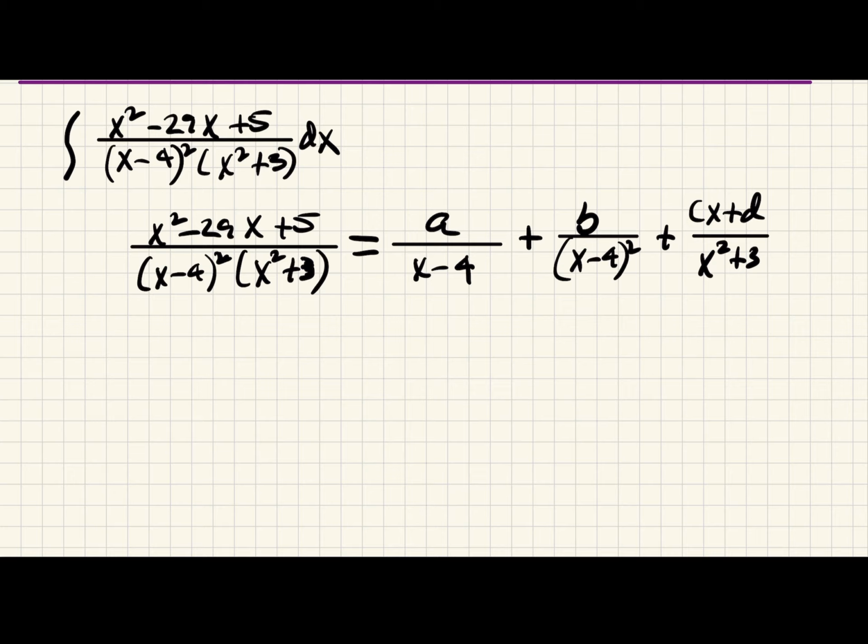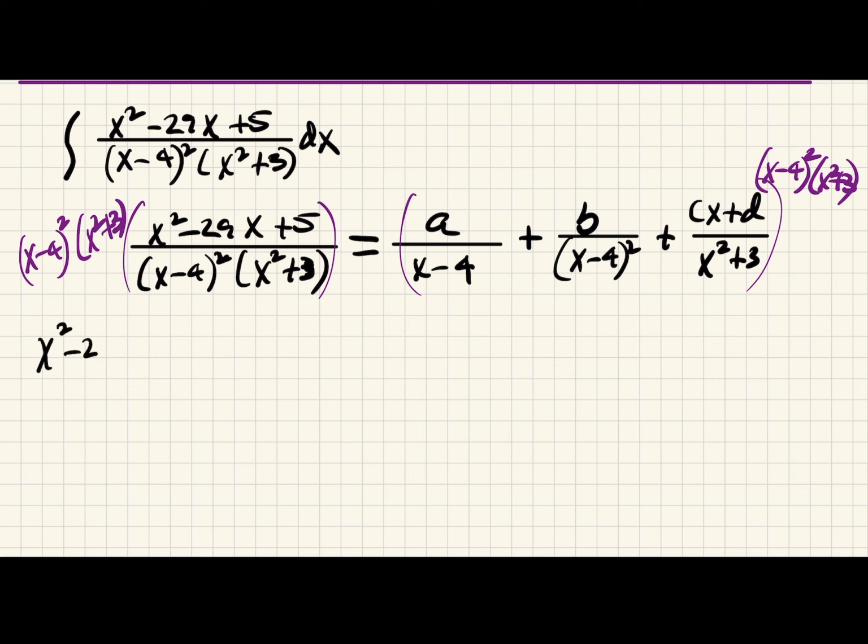Okay, so now let's multiply both sides by our lowest common denominator. So that's going to be x minus 4 squared times x squared plus 3. On the left, the denominator cancels. So we have x squared minus 29x plus 5. Now on the right, we distribute.